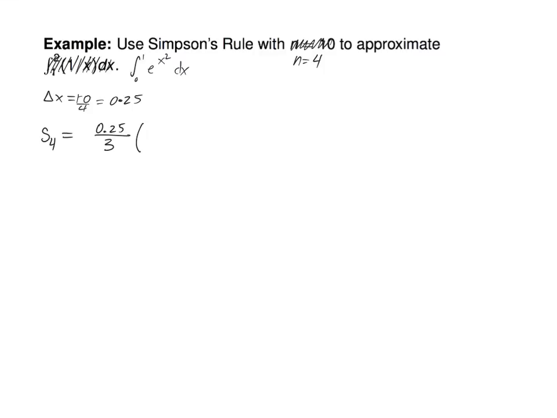And what's the first thing you plug into your function, where f of x is e to the x squared? First thing is you plug in 0, yep. The next thing you do is 4 of plugging in what number? 0.25.